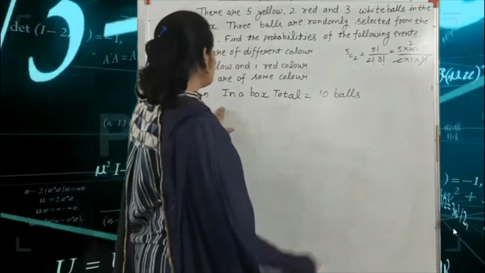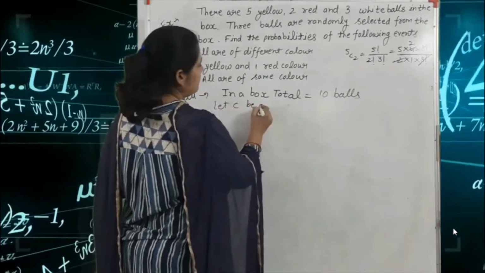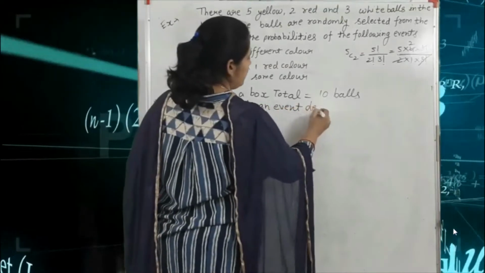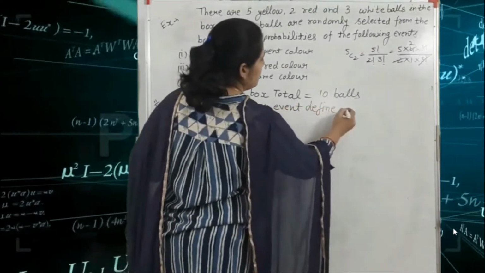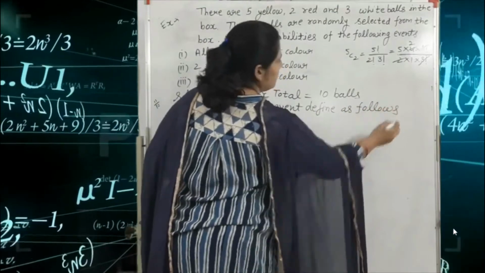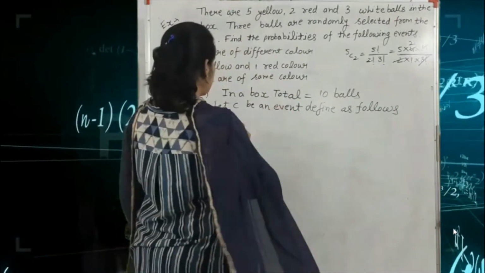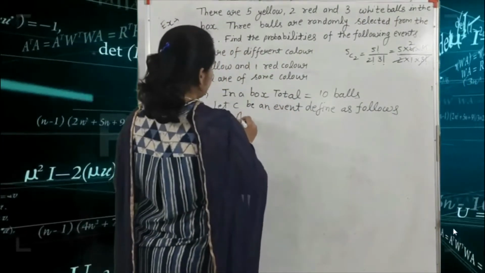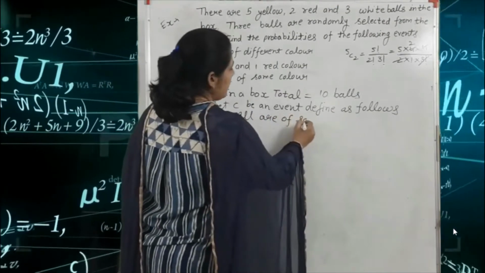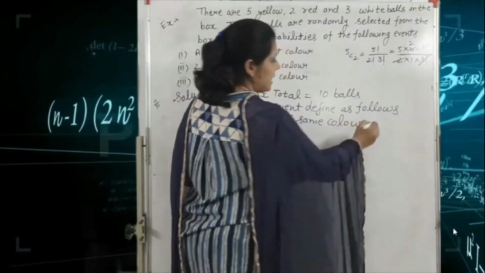Okay, so here let capital C be an event defined as follows. Capital C be an event defined as follows. So capital C means all are of the same color.